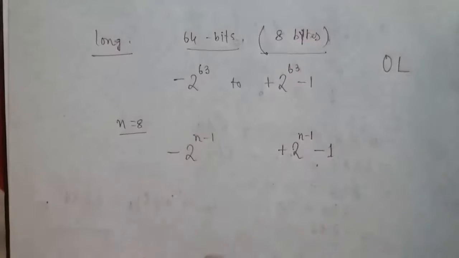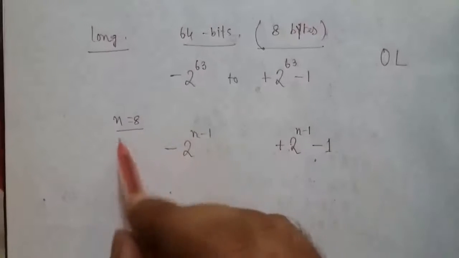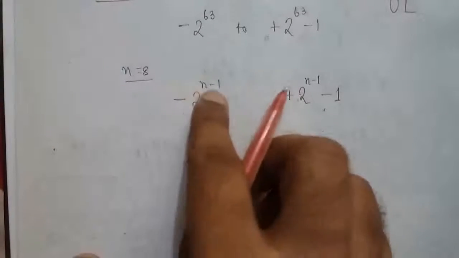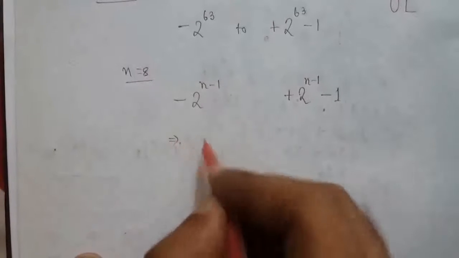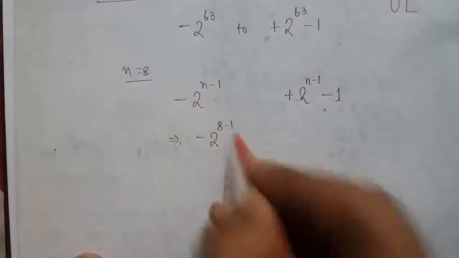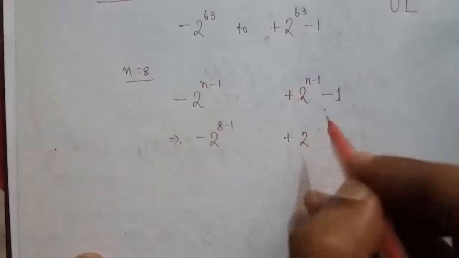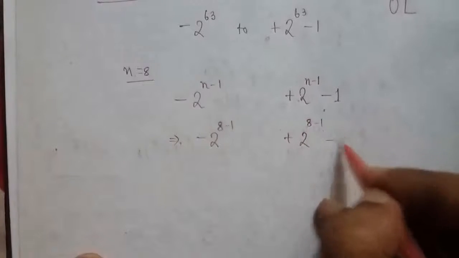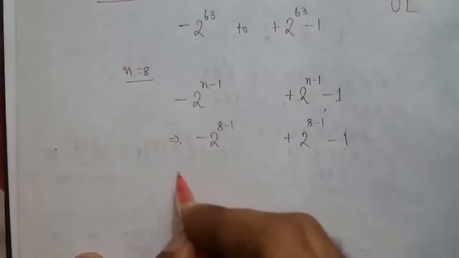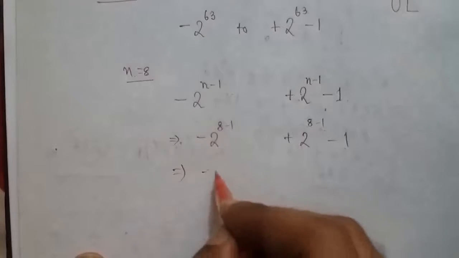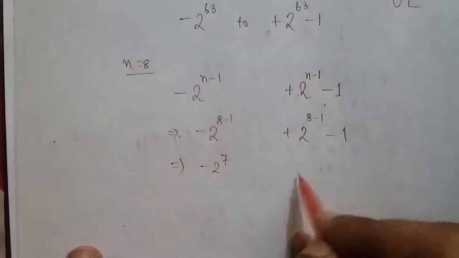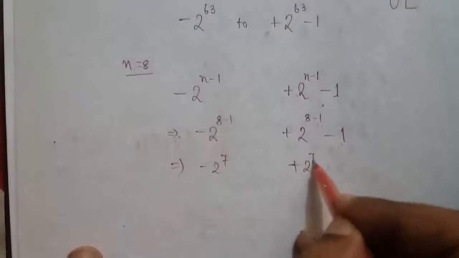What is the value of n here? 8. So placing the value of n: minus 2 to the power 8 minus 1, and plus 2 to the power 8 minus 1, minus 1. That means minus 2 to the power 7, and plus 2 to the power 7 minus 1.